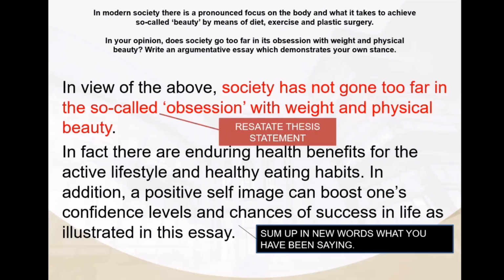When we look at this paragraph, do you think this is a good paragraph for a concluding paragraph for an argumentative essay, or is it an expository essay conclusion? Right. Let us look at the responses.